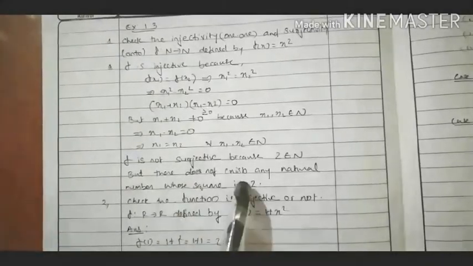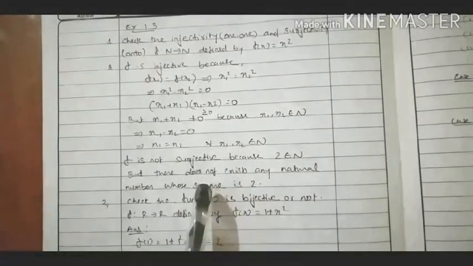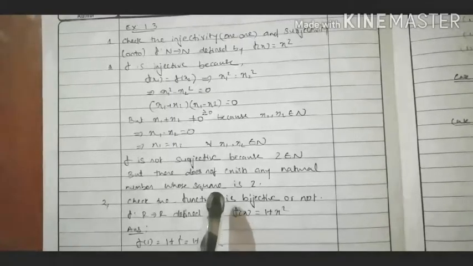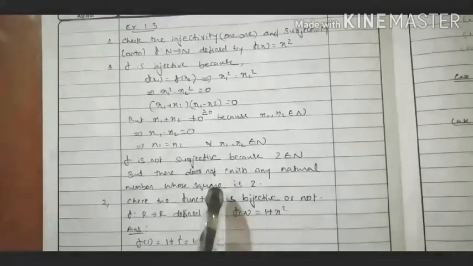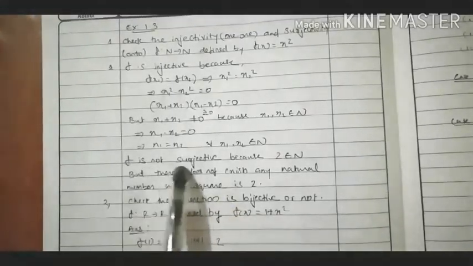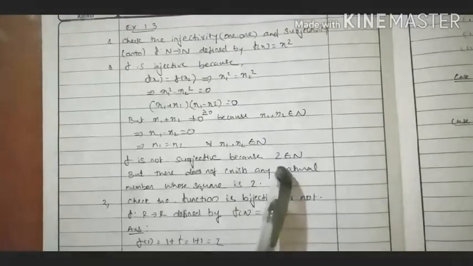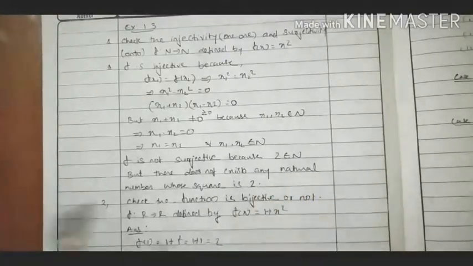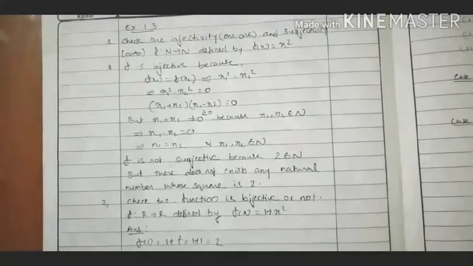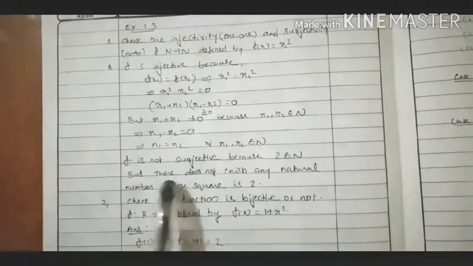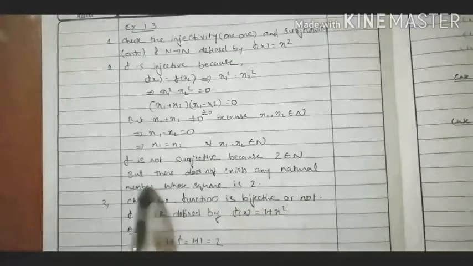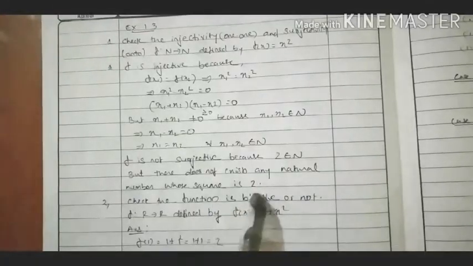Here we are proving that by using an example. We are taking f is not surjective, because if you are taking 2 belongs to N, because 2 is a natural number, the function is defined from natural numbers to natural numbers. That means inputs and outputs are always natural numbers, but there does not exist any natural number whose square is 2.